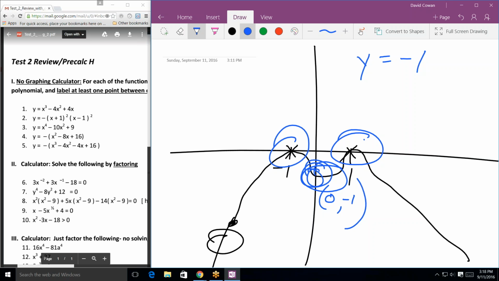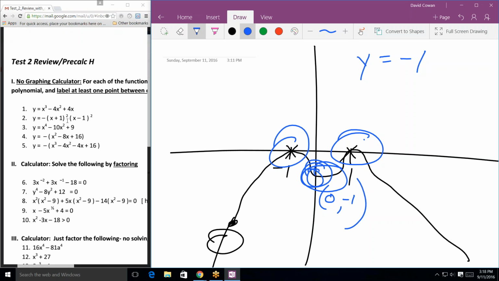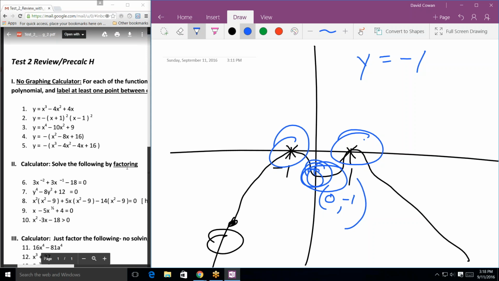And the end behavior. The only thing you need to figure out the end behavior is substitute negative infinity for x and figure out whether it comes from negative infinity or positive infinity. Well, the first time I did this problem, I came from positive infinity because that's my natural orientation.